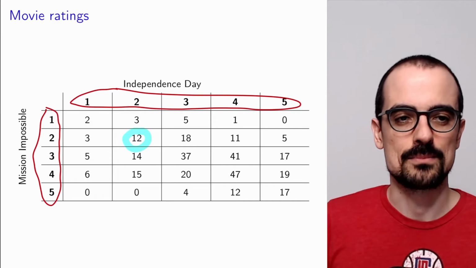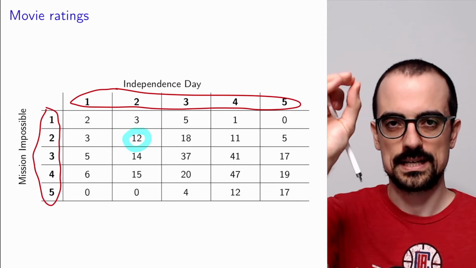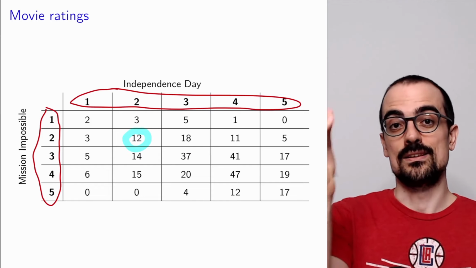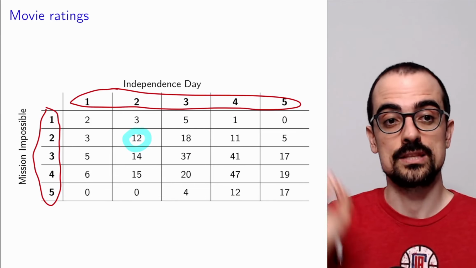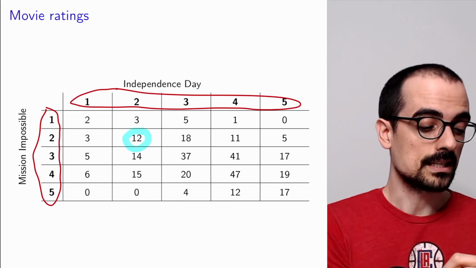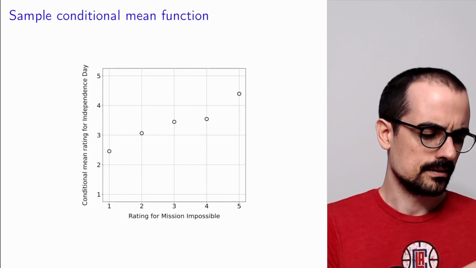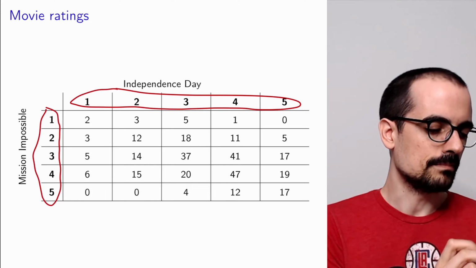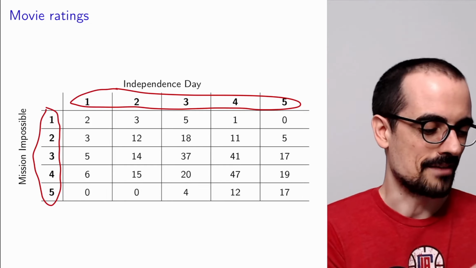So in this case, the examples are of the form 2-3 or 4-5 or 5-5. Basically, the first entry is the rating that the person gave to Mission Impossible. The second entry is the rating that they gave to Independence Day. So now imagine that we want the conditional average of Independence Day given that Mission Impossible is equal to 1. What are we going to do? Well, we average these guys.